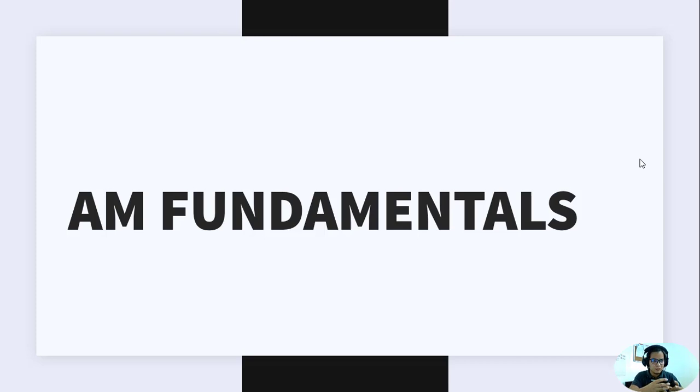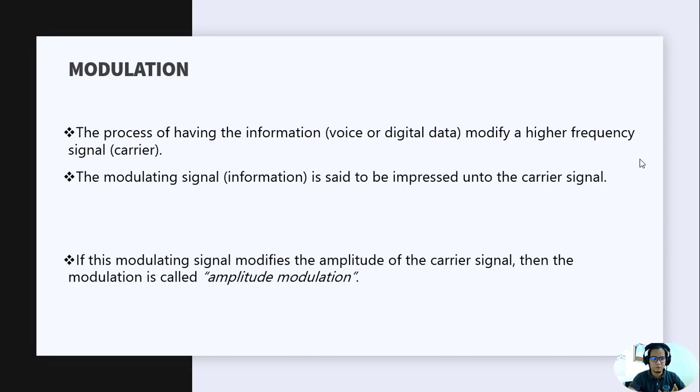Okay, then pagdating dun sa receiver, ang gagawin ni receiver, kukunin niya lang, i-extract niya lang yung information galing dun sa composite signal. And we call this process modulation process. Technically, modulation is the impressing of a modulating signal onto the carrier. And one of the types of modulation is, of course, our amplitude modulation.